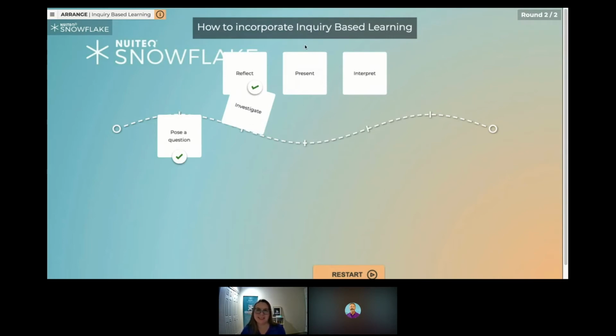The next step in that is to interpret. So in the interpret step of inquiry-based learning, this is when students have an opportunity to start explaining their solutions using the evidence. So explaining their thought process, explaining the answers to the question, or explaining the solution to whatever problem they were attempting to solve.